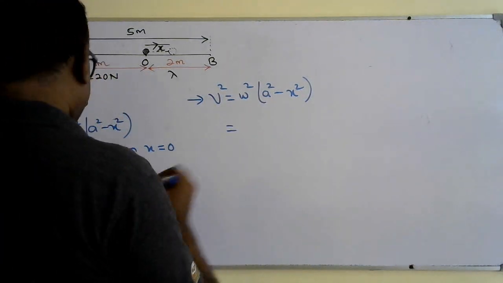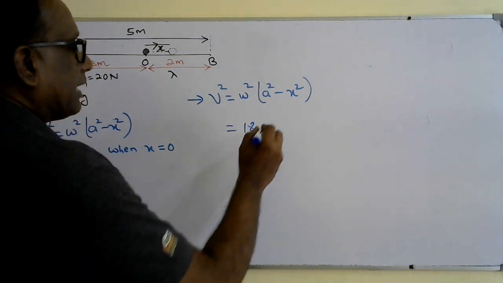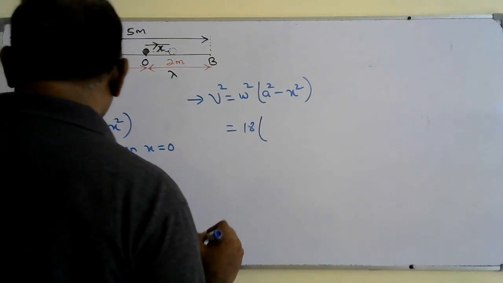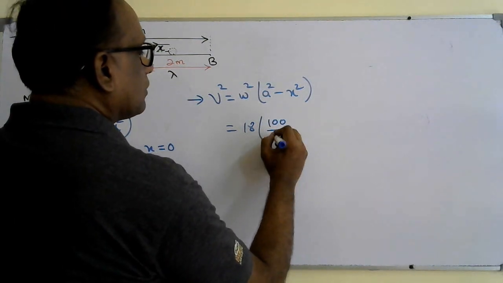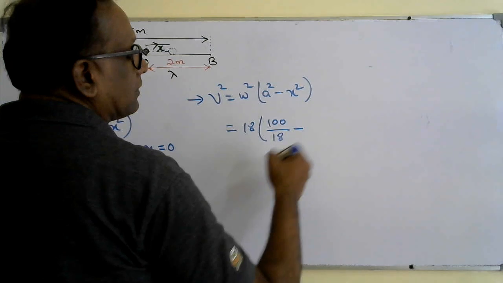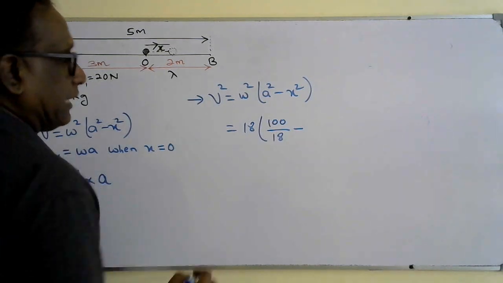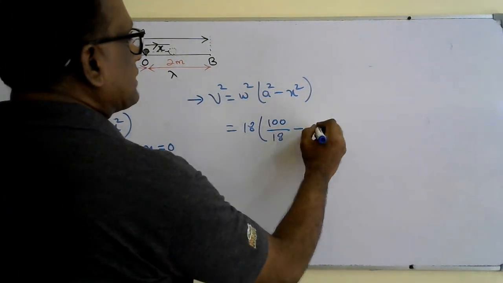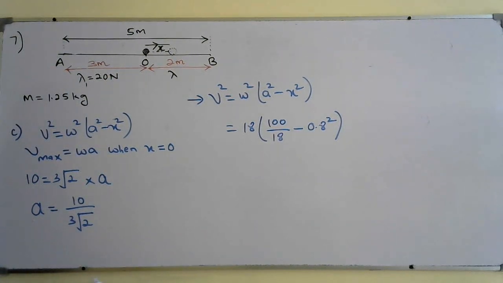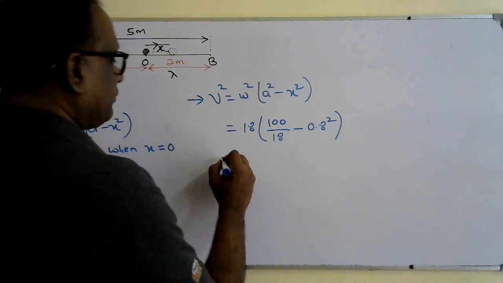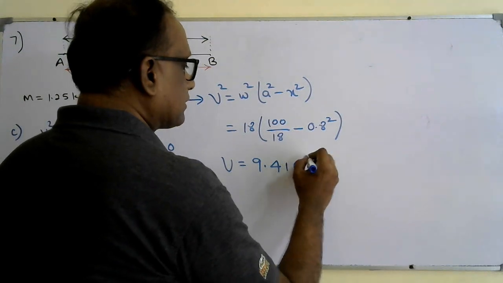I found earlier that omega squared is 18, so that is going to be 100 over 18 minus x squared. The displacement towards the right should be equal to the extension of the string PB; then only the string PB will slacken. So that is 0.8 squared. Solve it and you will get v, which will be 9.41 meters per second.